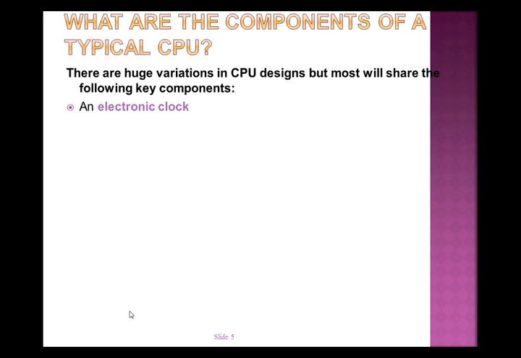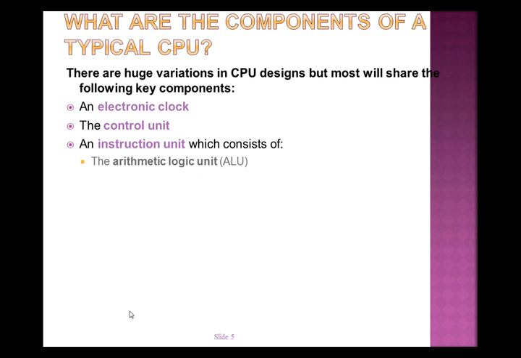What is common? One is the electronic clock. There is a clock that shows the timing in the computer, a common element in every CPU. Then the control unit, which controls the overall operations of the computer, and is available in every computer. Instruction unit consists of the ALU, arithmetic and logical unit, the floating point unit, that is FPU, and registers such as accumulators.